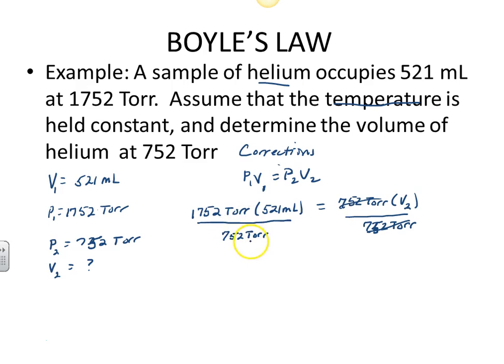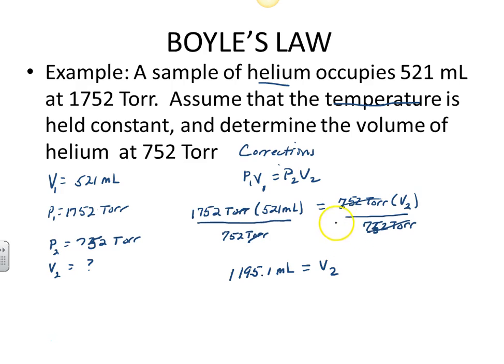Torr cancels. And when we do our math, 1752 multiplied by 521 divided by 752, that comes to a new volume of 1,195.1 milliliters.